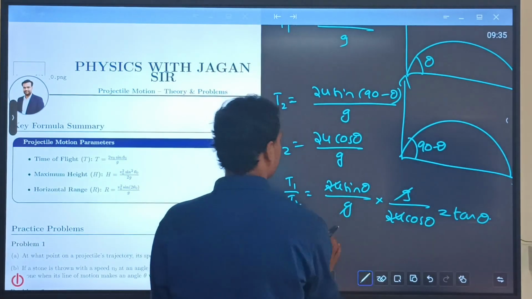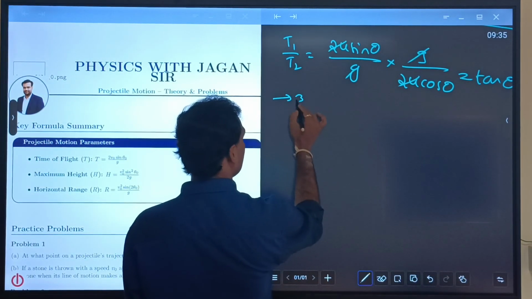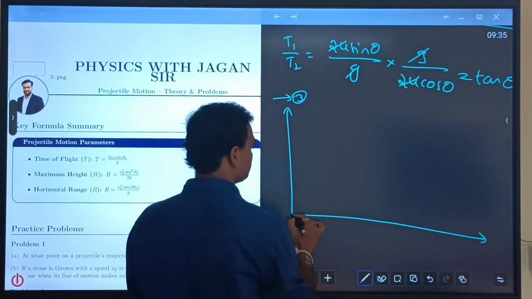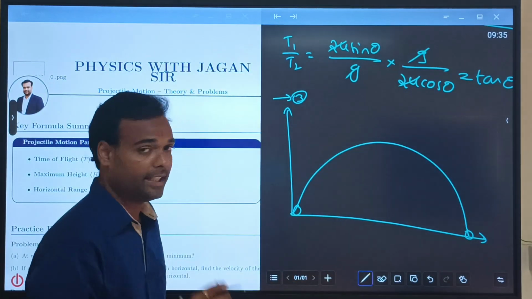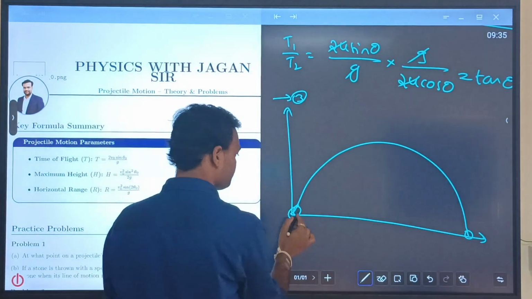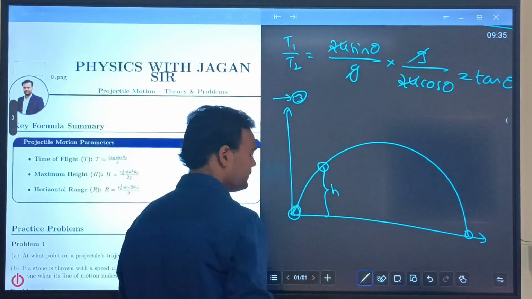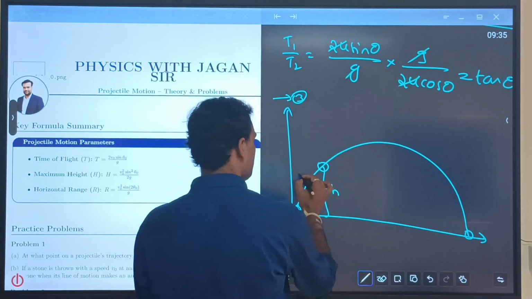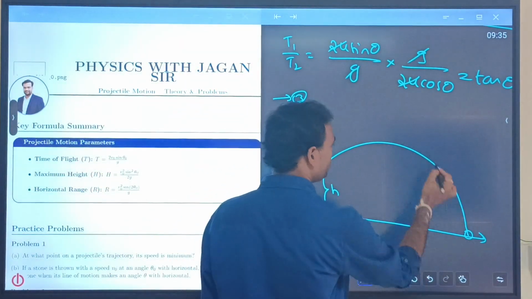Then the third important point in time of flight: suppose the object is doing projectile motion like this, and here is a location at height h. The time taken to reach from here to here is t1, and the time taken to reach from here to here is t2.